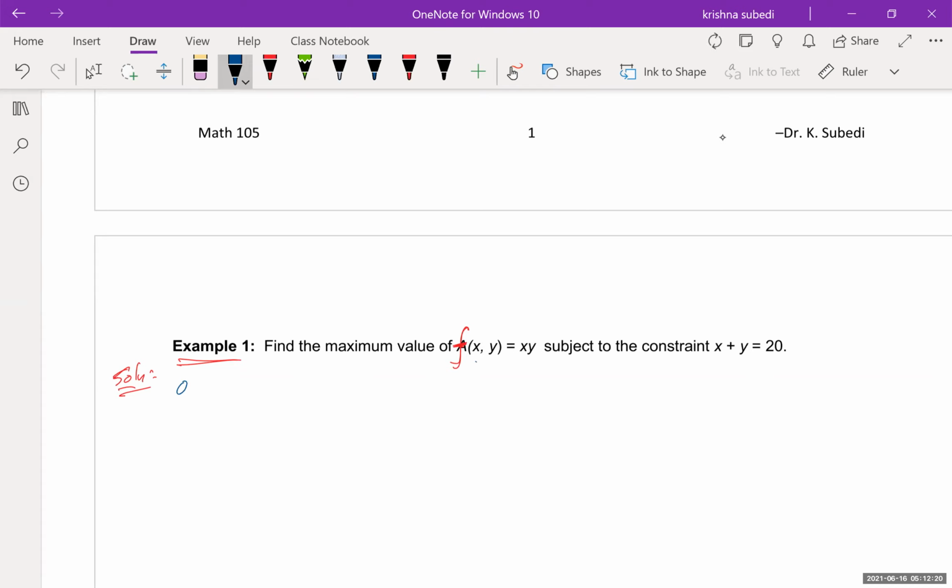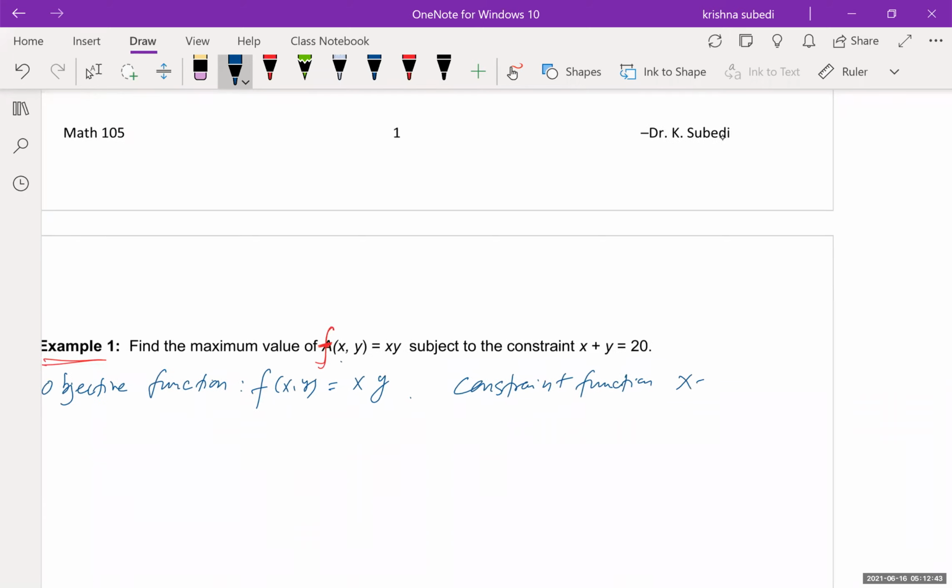Our objective function is f(x, y) equal xy, and the constraint function, or condition, is x plus y equals 20.